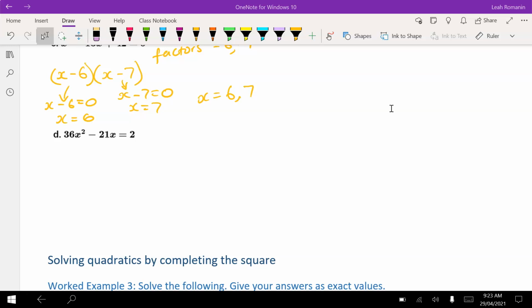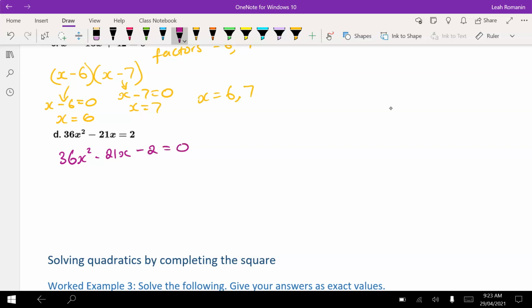Okay, so with this particular one, do I have 0 on the other side of the equal sign? No, so what do I need to do? I need to take away 2 from both sides. So I'm going to have 36x squared minus 21x minus 2 is equal to 0.